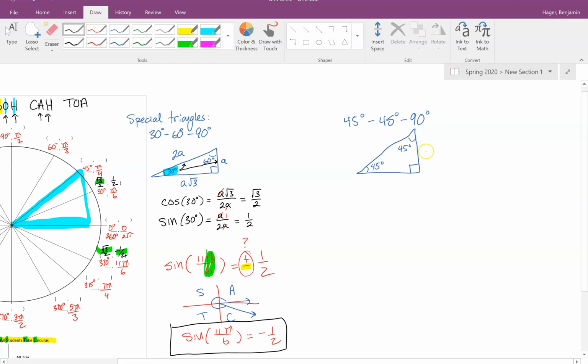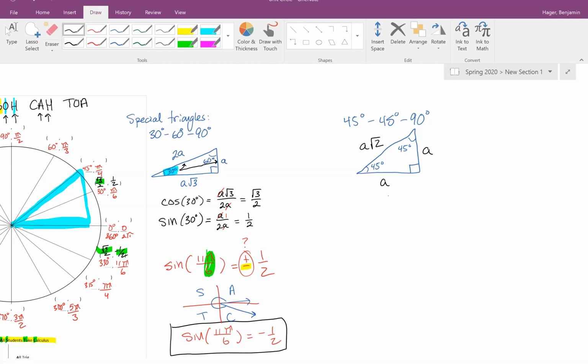Whatever the side length is here, just say we call it A, this side length opposite 45 is the same, and it's guaranteed that the hypotenuse will be radical 2 times whatever A was. So if this is 10, then this is also 10, and this is going to be 10 rad 2. Guaranteed, because it's a 45, 45, 90. That doesn't happen with, say, a 40, 50, 90 triangle, and that's why we don't bother to memorize sine of 40.